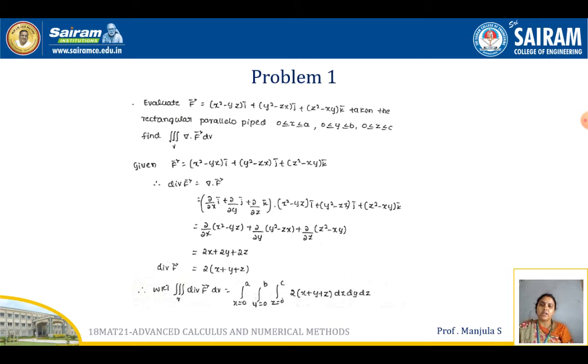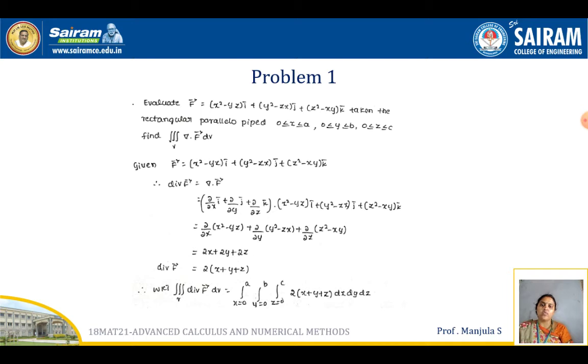Del dot vector f is nothing but what? Divergence we have to find for this f. Vector f is anyhow given in the question: x square minus yz into i cap plus y square minus zx into j cap plus z square minus xy into k cap. Along with that they gave the limit values for x, y, z as 0 to a, 0 to b, 0 to c.